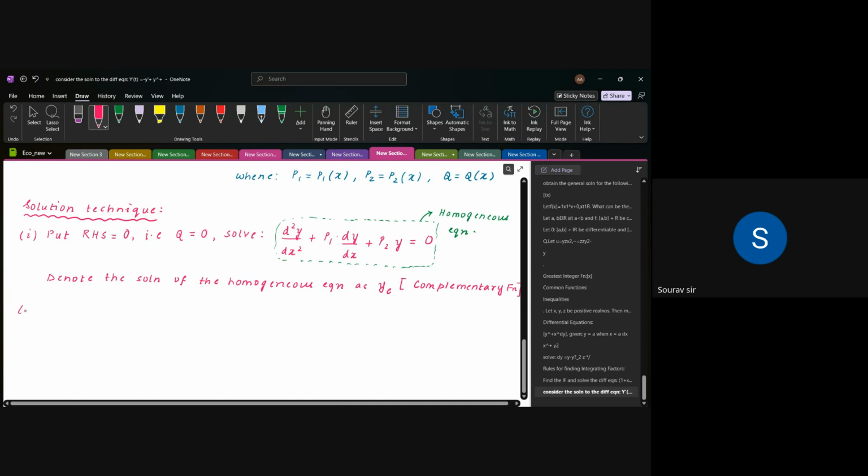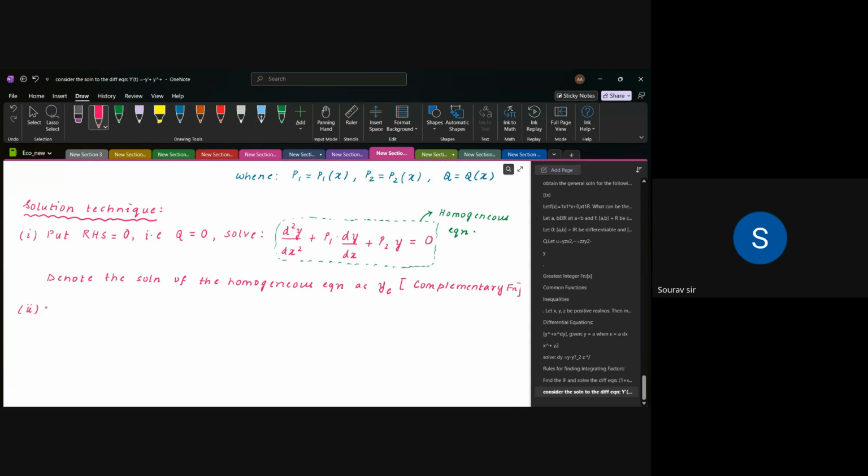Number two, in the original equation, you will put all the derivatives to zero, that means all the second order derivatives and the first order derivatives, both of them equal to zero, and find the value of y.